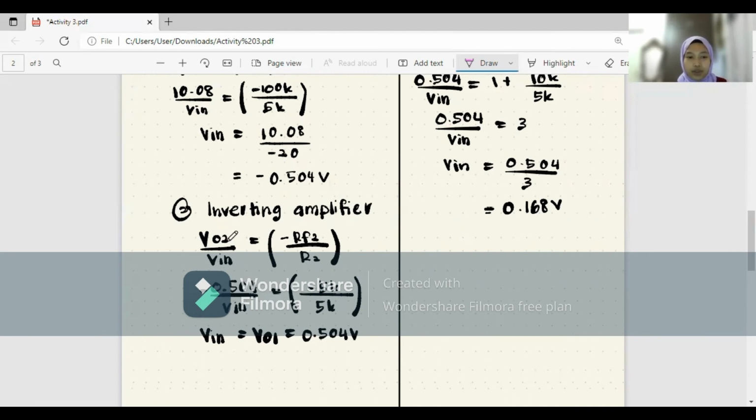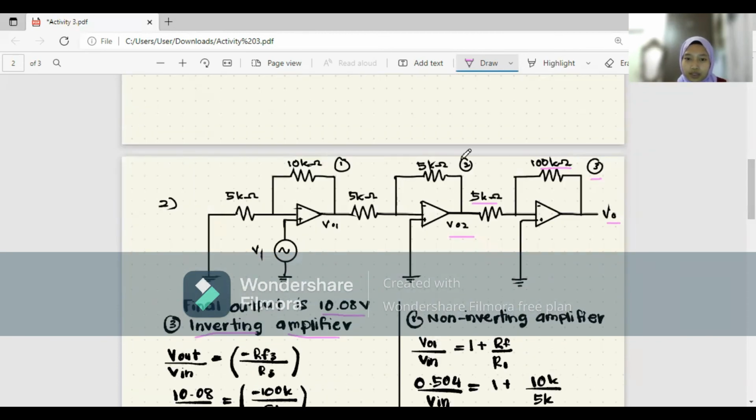So we can just substitute: V output for the second amplifier equals negative 0.504, over V in, which is the one that we want to find out, equals RF2. RF2 here for the second amplifier is 5 kilo ohm over R2. R2 is 5 kilo ohm.